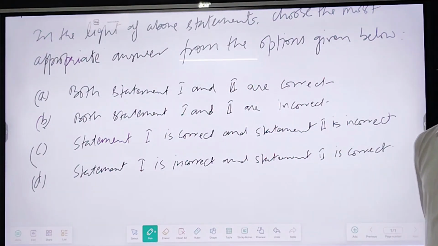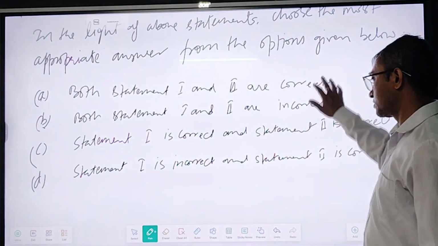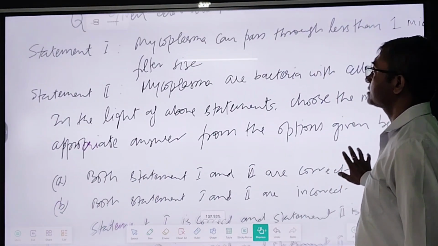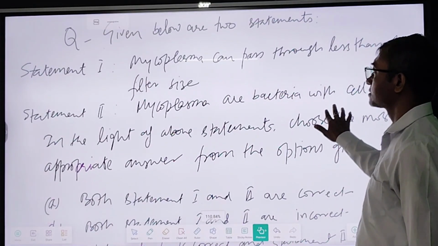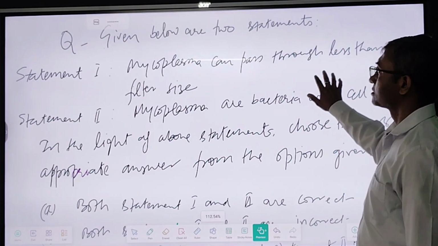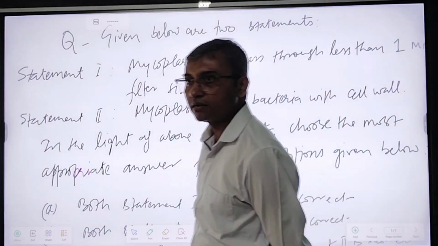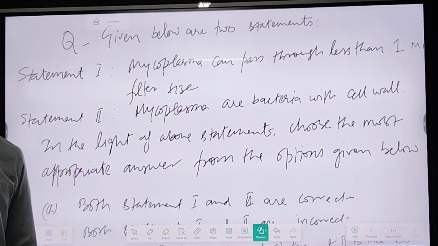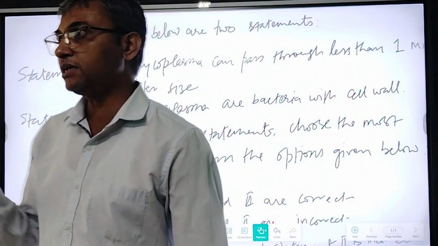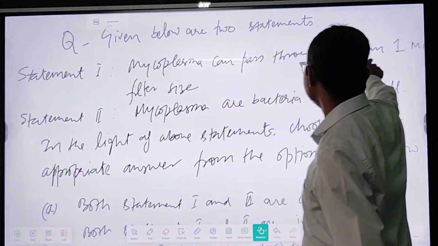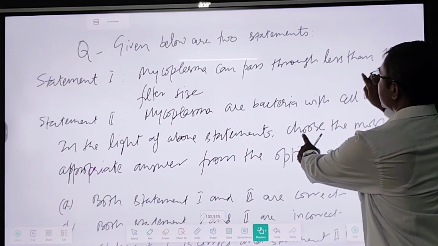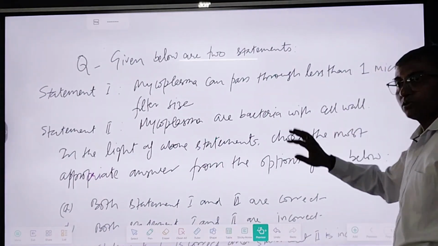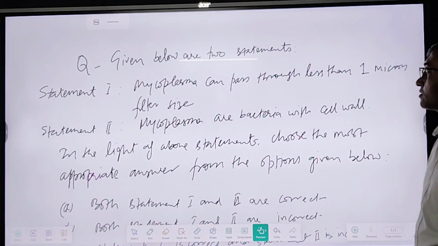Now, tell me what will be the condition over here? Is statement 1 correct? Yes, because we very well know that mycoplasma are the smallest, and that's why they can pass through less than 1 micron to be precise.